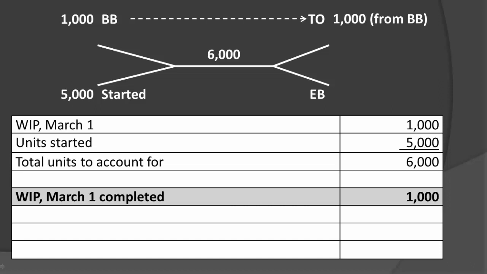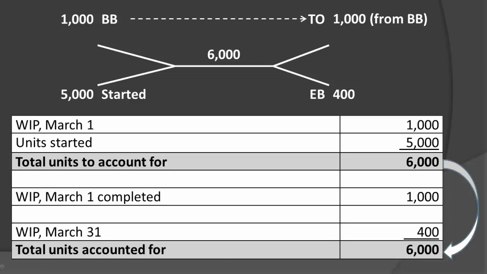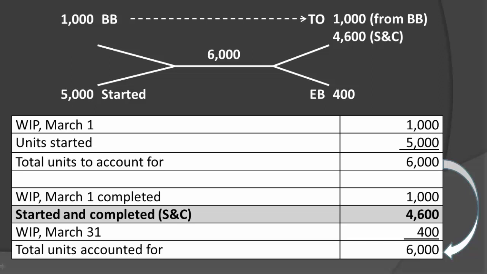We also know that there were 400 units that didn't get finished during the period. So if we have 6,000 units and 1,000 of them came from the work in process beginning balance and 400 of them didn't get finished, that means that an additional 4,600 units must have been started and completed during the period.